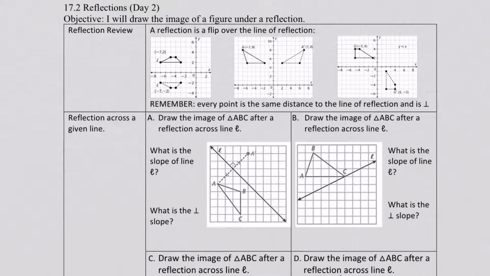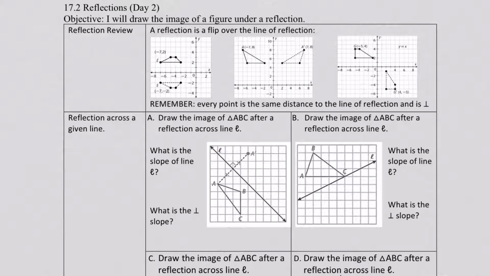You could pretty easily figure it out, but if not, you can just count and find the midpoints. That's what we did yesterday. Count the distance from E to E prime, which is 4 units, so the middle must be 2 units, so right there is the midpoint. Do the same thing for this point and this point. That is the midpoint. You connect those two midpoints, and that is your line of reflection. Your line of reflection is the x-axis.